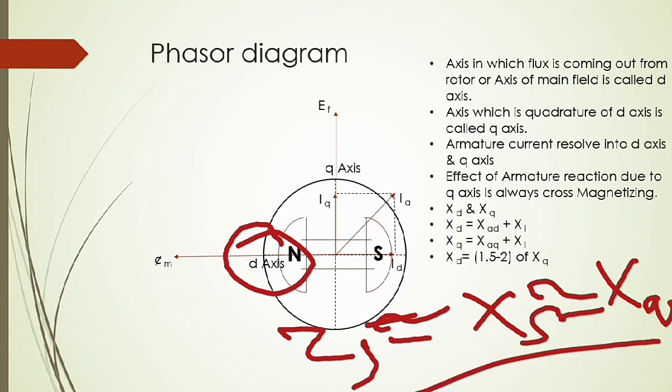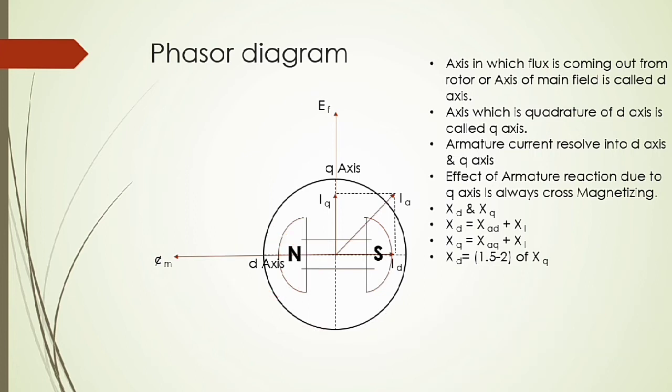In case of Xd, the armature reaction reactance is equal to Xad plus the leakage reactance, whatever the leakage reactance it is. Here we get two reactances: in the d axis we get Xd, and in the q axis we get Xq.